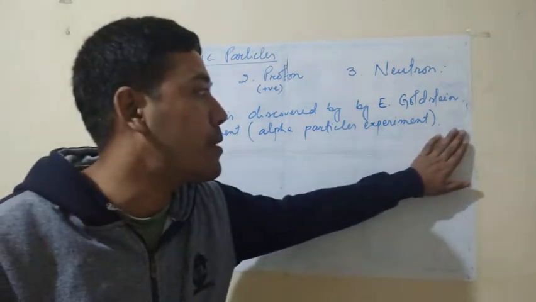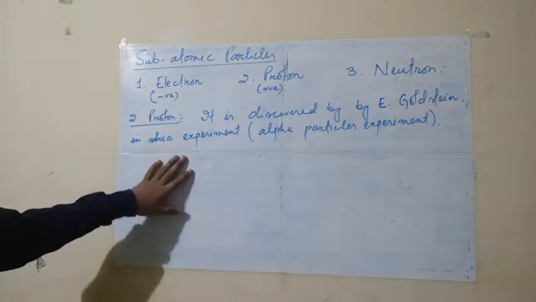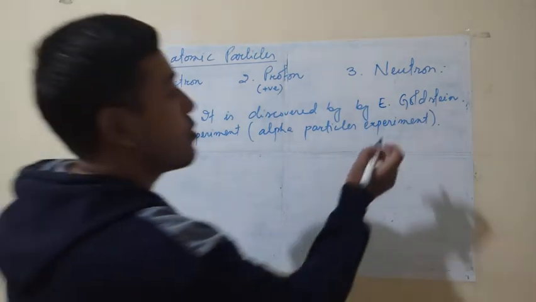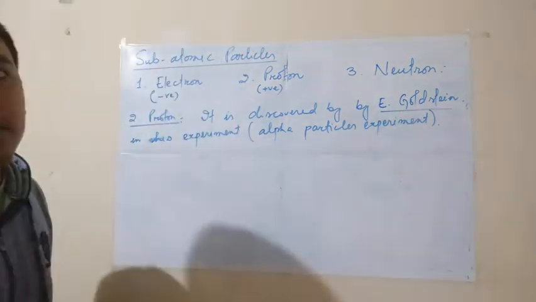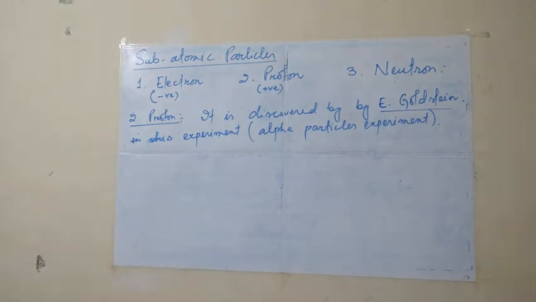He performed an experiment similar to J.J. Thomson's. He also used a discharge tube, and after passing alpha particles, some particles come out from the anode and move towards the cathode. He told that this beam is known as the proton.